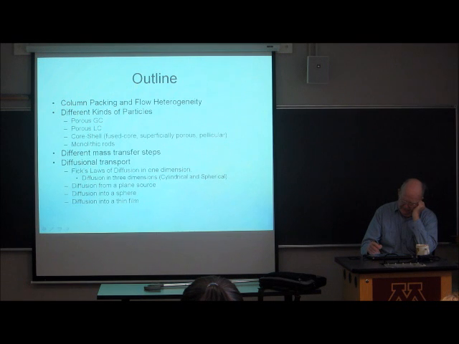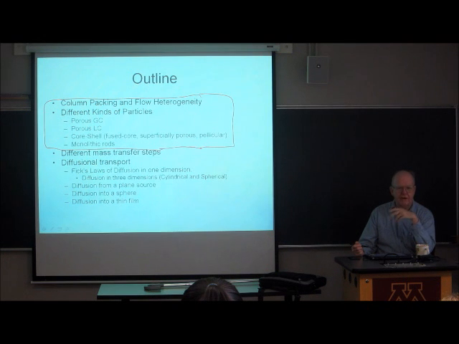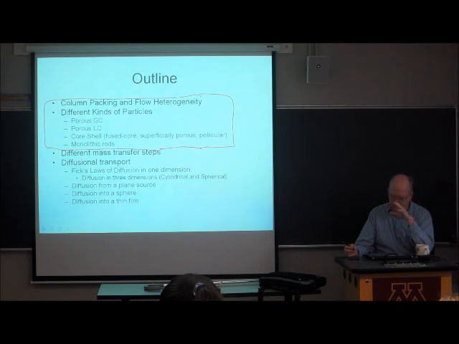So today we're mainly concerned with this sort of thing, and we'll be talking about different kinds of particles and different kinds of columns, and some of the bigger elements of the factors that cause broadening.